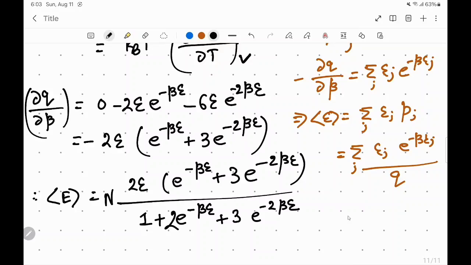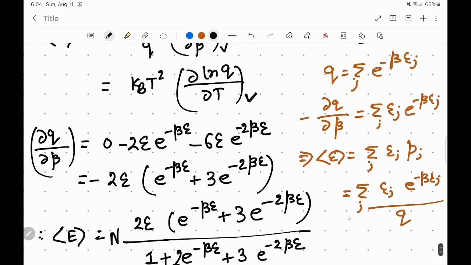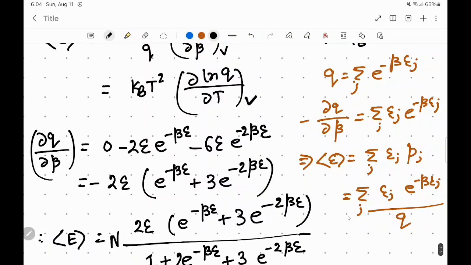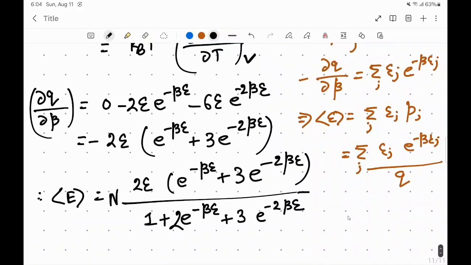If you have any question, you can ask me. The entropy part we will discuss in the next class. Is there any question remaining from the assignment? I prepared almost 10 questions, but we discussed just 3 to 4.